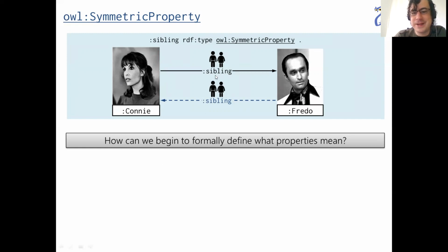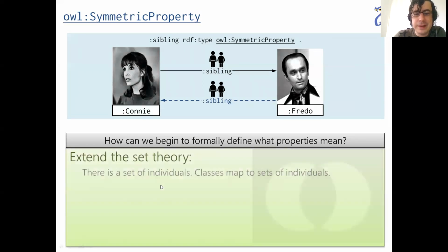So we could map sibling to, for example, Connie, Fredo, Fredo, Connie, and all such pairs of siblings, right? So when we define the meaning of properties, we already have that there is a set of individuals and classes mapped to subsets of those individuals. There is also a set of properties, like this conceptual notion of sibling, right, which I used the picture for.